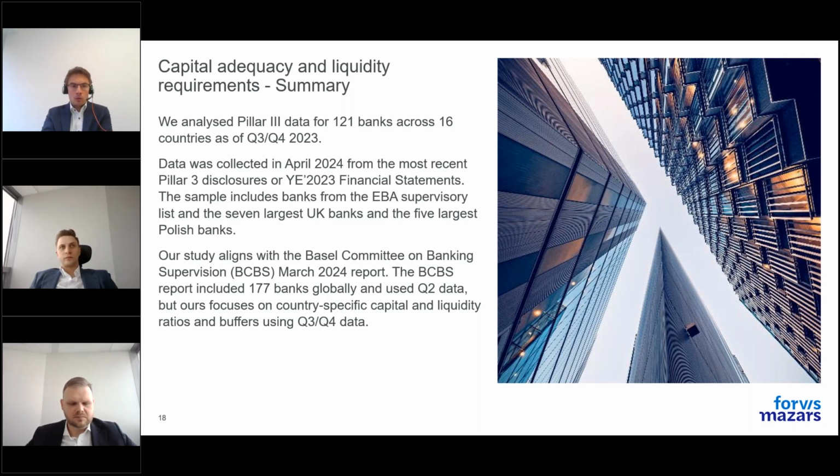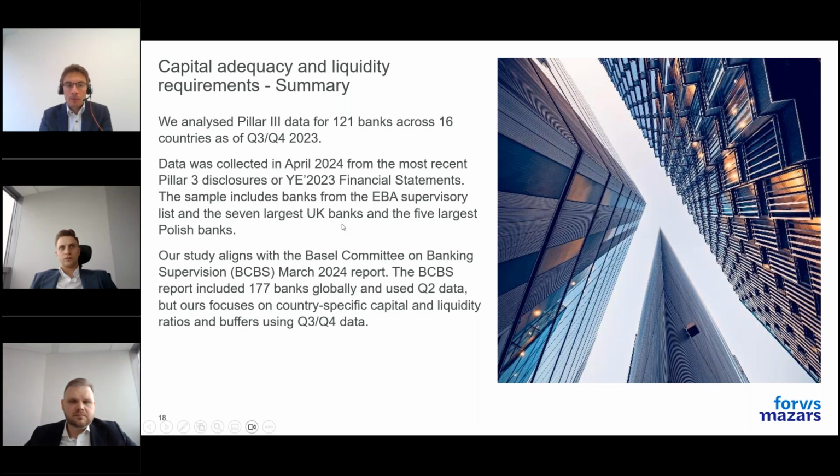If not, then we used most recent data at that point, so from Q3 2023. The sample included banks from the EBA supervisory list, and for comparison purposes, we also added the 7 largest UK banks and the 5 largest Polish banks.